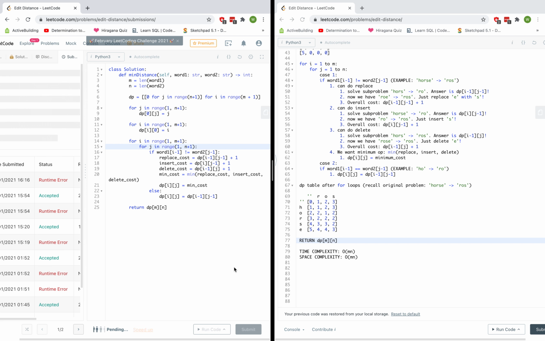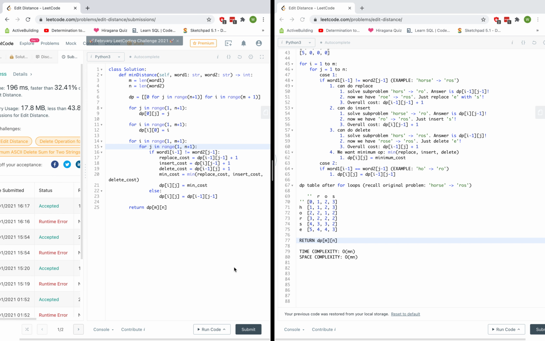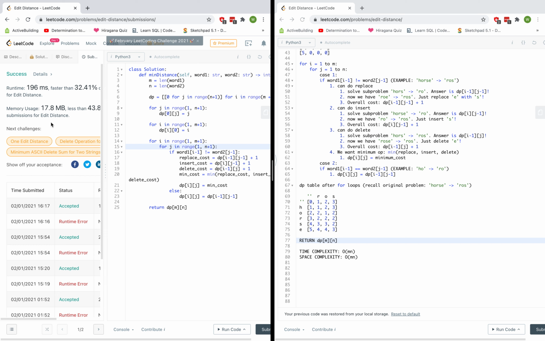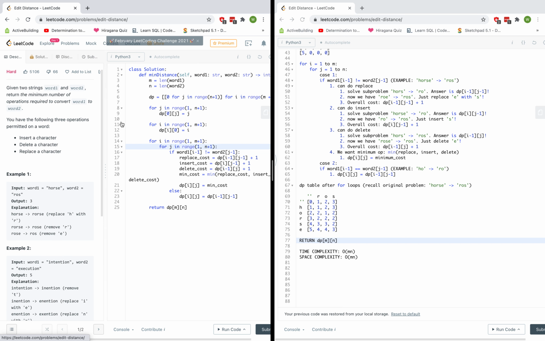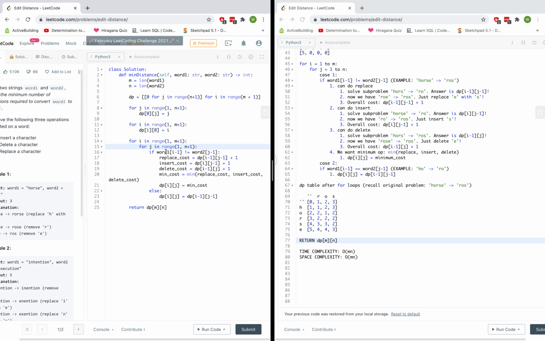Let's see. Okay. So here are the stats if you're interested, but essentially we've solved the problem. The code is actually pretty simple once you know the concept, but this is a hard problem because there's so many steps involved in figuring out the solution.